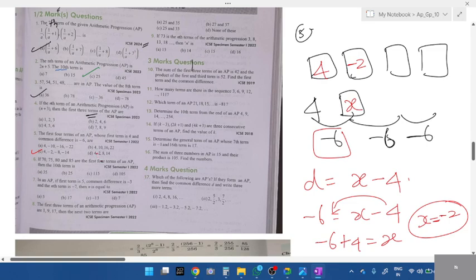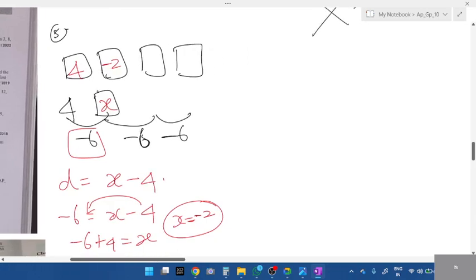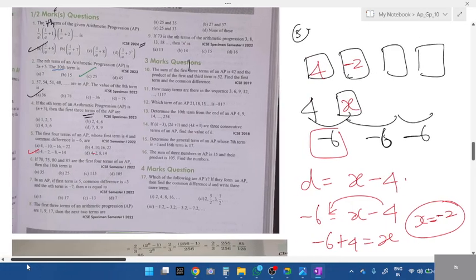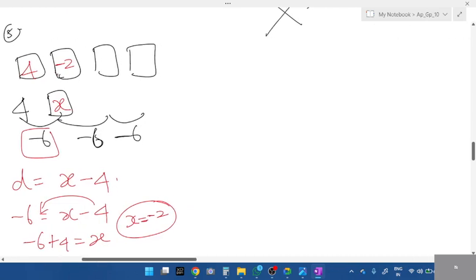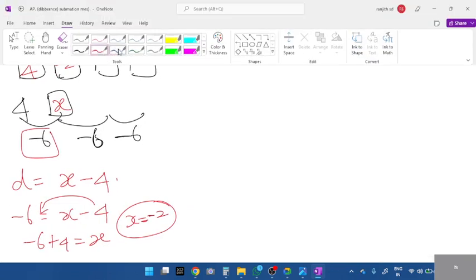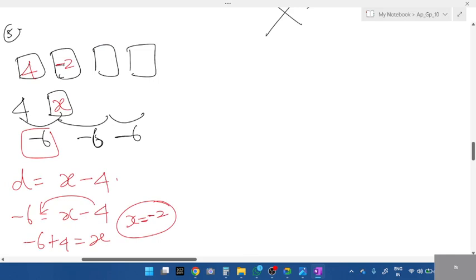Imagine it has minus 2. Now we have a confusion between C and D. So what you do, we know first term is 4. According to the question, first term is 4, common difference is minus 6. Next, after 4, if you're getting minus 2, what will be the next value? Positive or negative? Everything will be negative, right? It would go on negative.